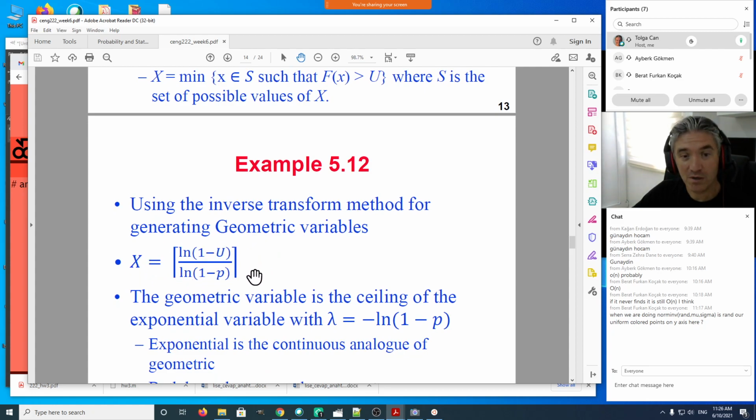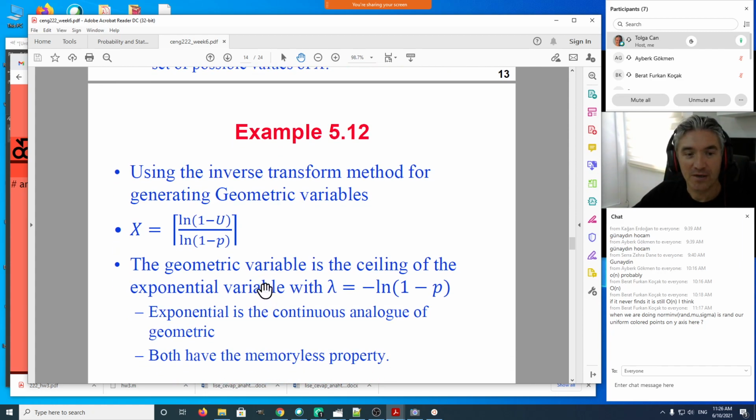This will be your geometric variable, with one equation in u at one time, instead of checking each loop one by one, because the inverse function is available to you and the minimum is given by the ceiling formula. The geometric variable will be the ceiling of this expression. You can also use the relationship between exponential and geometric variables, but you can also use this formula to do that.